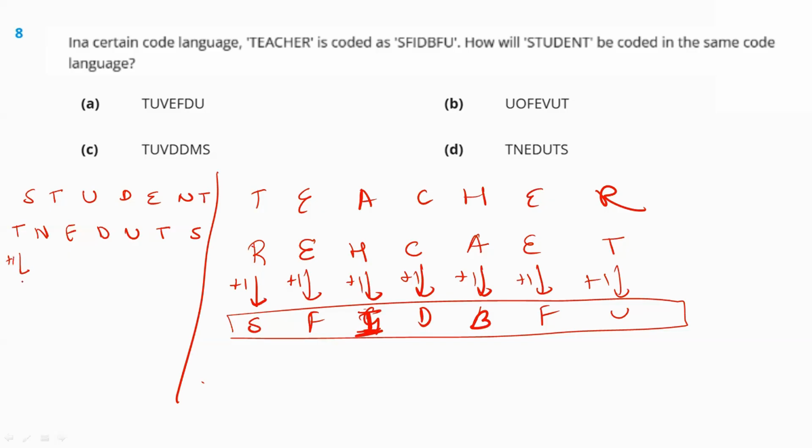So +1 of T is U, N is O, E is F, D is E, U is V, T is U, and S is T. So option number B is our right answer for this question.